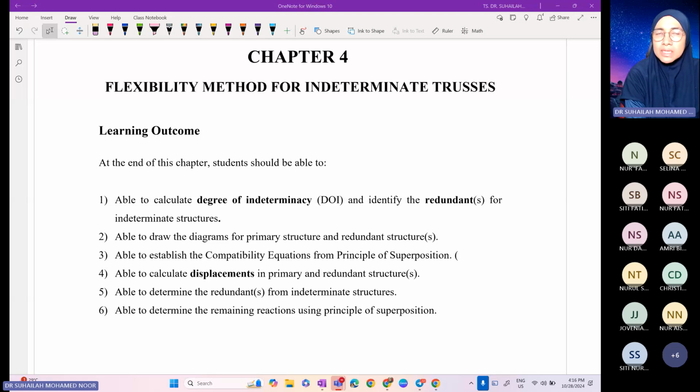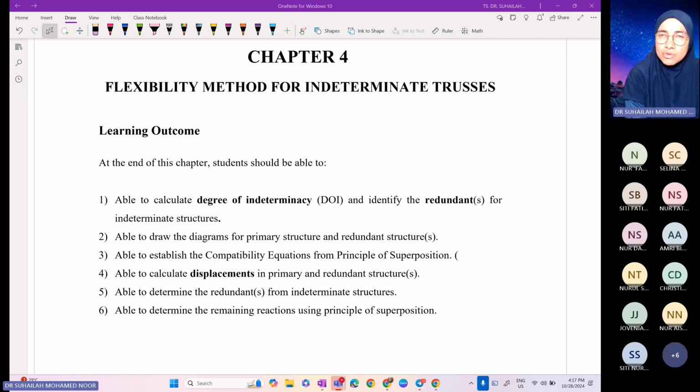Because if the truss is externally indeterminate, the redundant comes from the reaction at the support. If internally indeterminate, the redundant comes from member force. Member force means we have to remove a member from the system.